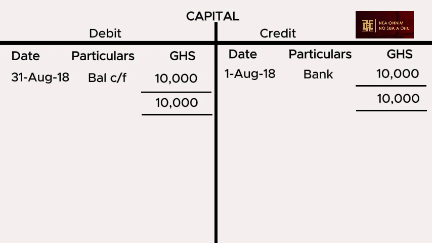Now that we've come into the new month, we say we have brought it forward. So we record the brought forward on the other side, in this case the credit side. On the credit side, we'll have our date, 1st September 2018, the particulars will be balance brought forward, and the amount is 10,000 Ghana cedis. I hope this is clear.